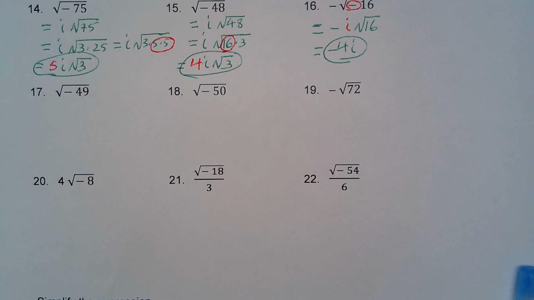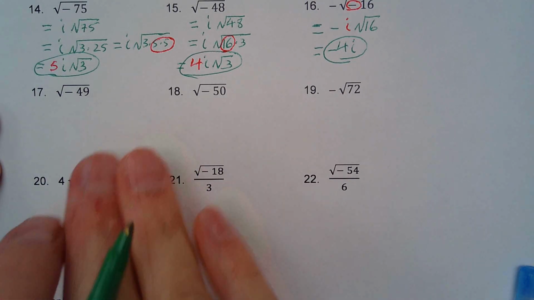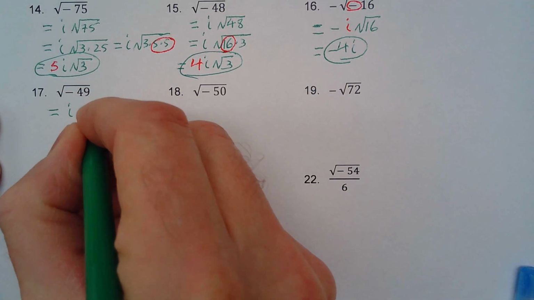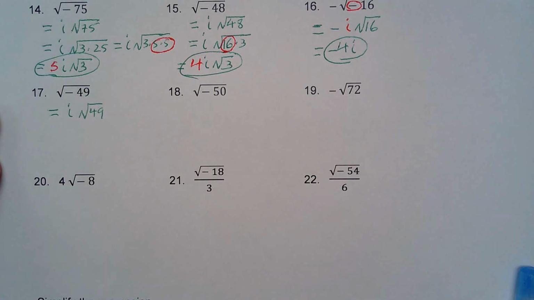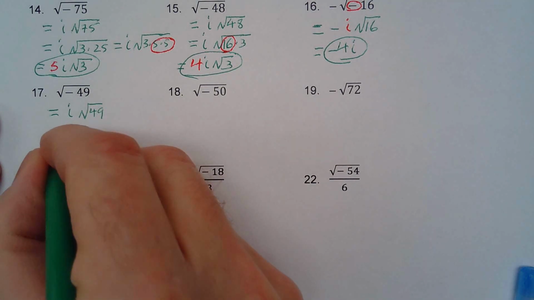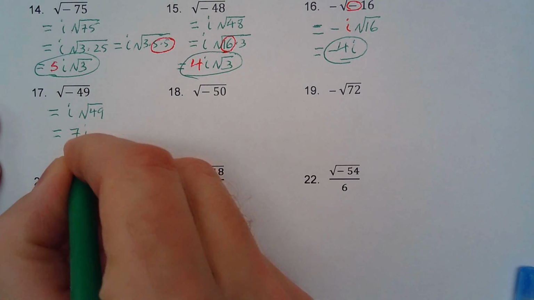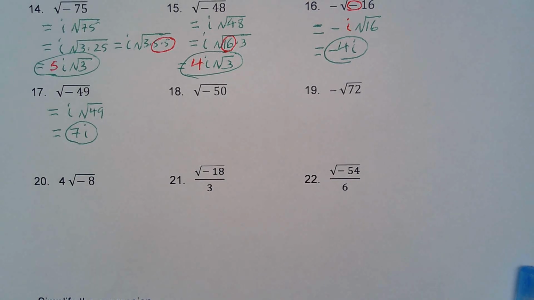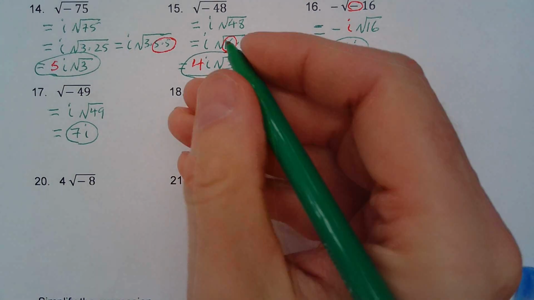Let's try number 17. So again, I write this in terms of i. But the square root of 49 is 7, so this is just 7i. And then let's do this next one.